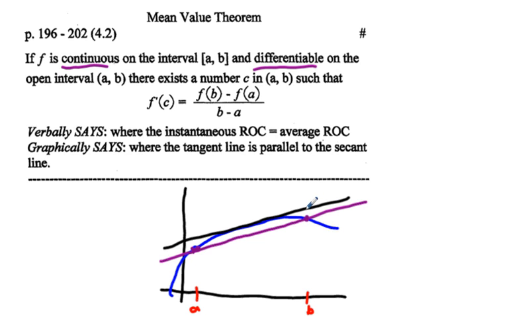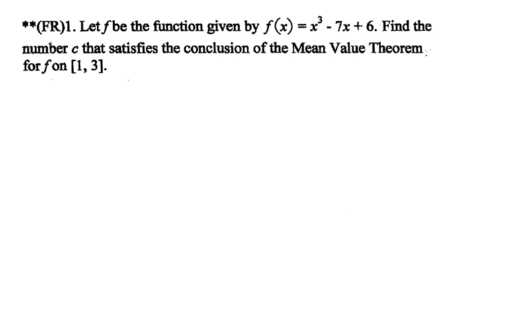So this black tangent line is parallel to the secant line in at least one place, and that place will be called the value c. Here's f of c, and at c, the slope of the tangent line is equal to the slope of the secant line. Okay, let's go on.